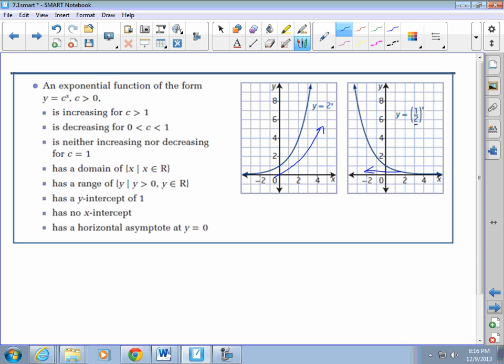They will have a y-intercept of 1, because no matter what your base is, when you put it to a power of 0, when that x is a 0, to find the y-intercept, it's always going to equal 1. It'll never have an x-intercept because it's not crossing that x-axis, and has a horizontal asymptote of y is equal to 0.